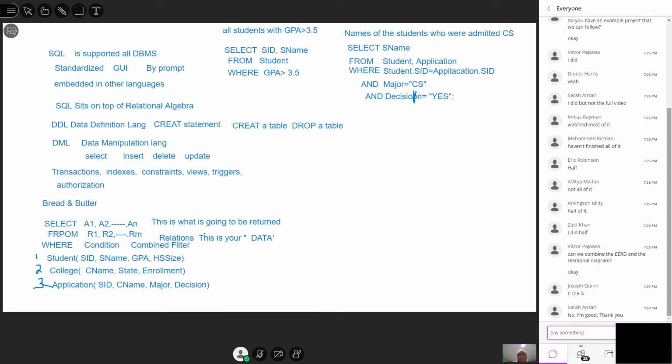Let me show you. We want to show another keyword called LIKE. What the heck is that? L-I-K-E. Let's say we have different majors. We have bio major, biochemistry major, bioengineering major, and all that.